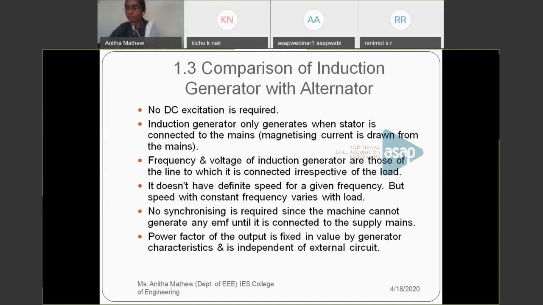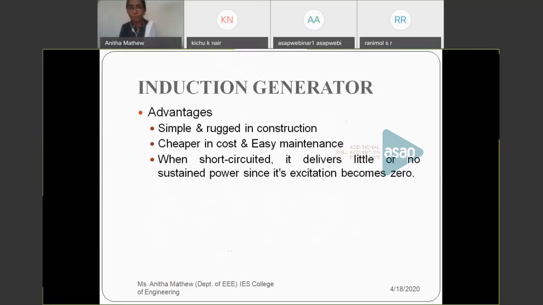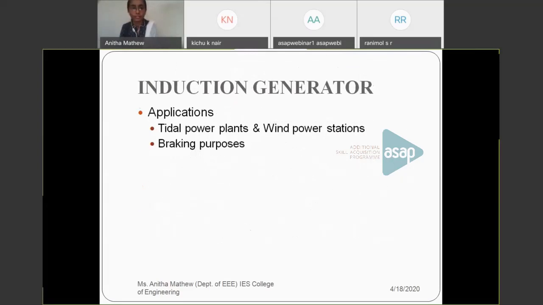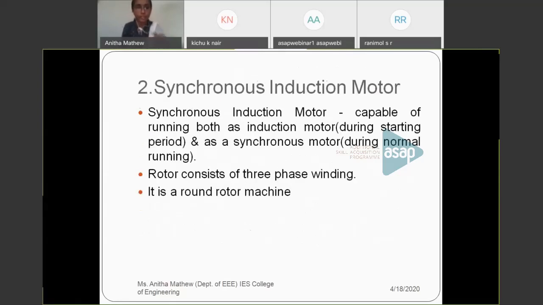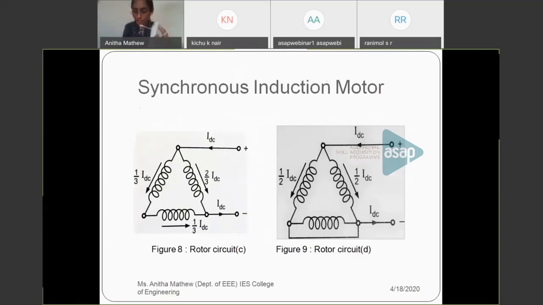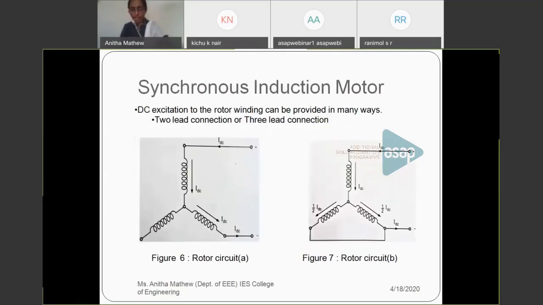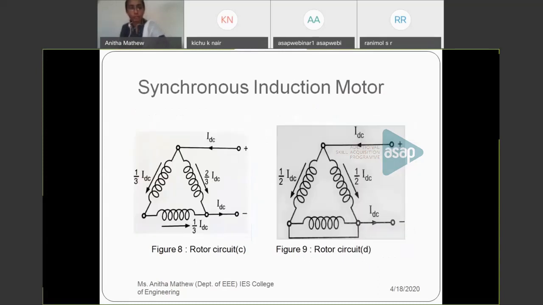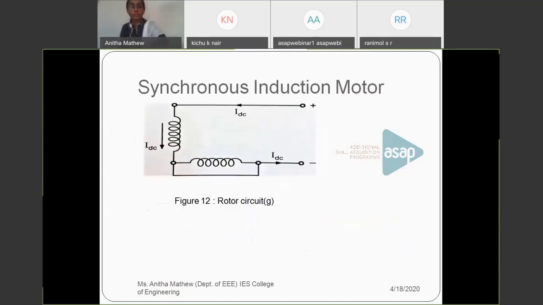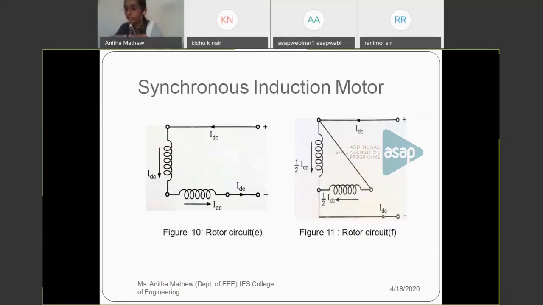Okay, ma'am. Let's go for the last question. Why do we go for two-phase arrangement in stator circuit connections? We can see the three-phase arrangement shown in this figure, and also here from the rotor circuit E to G, a two-phase arrangement.